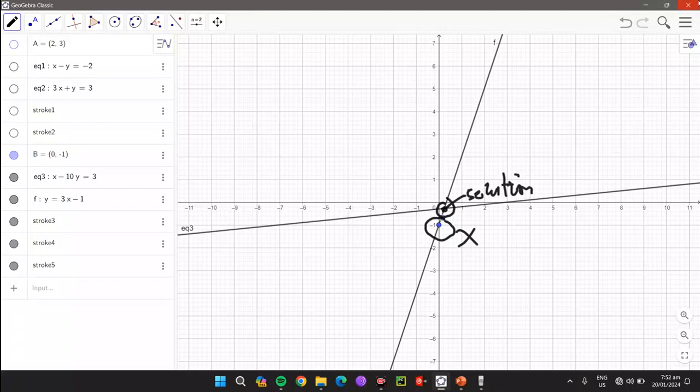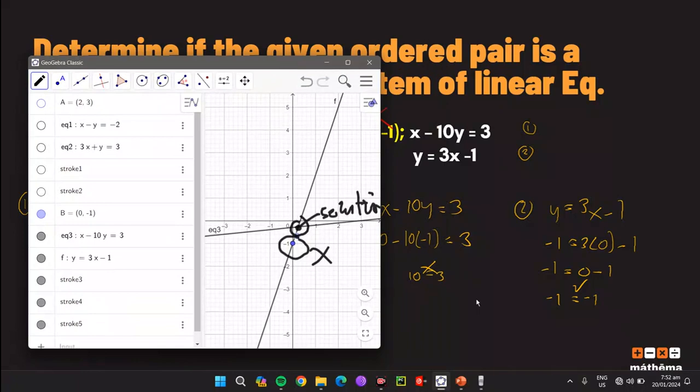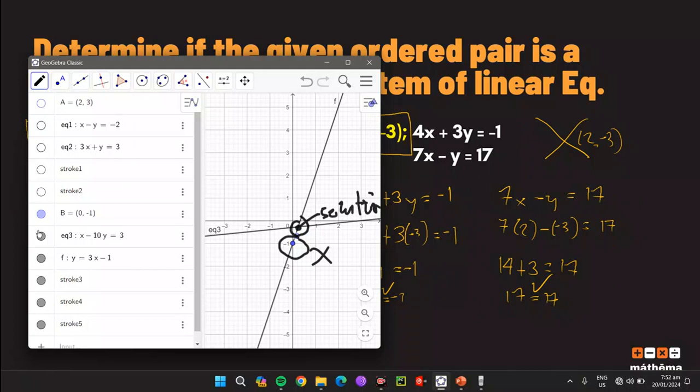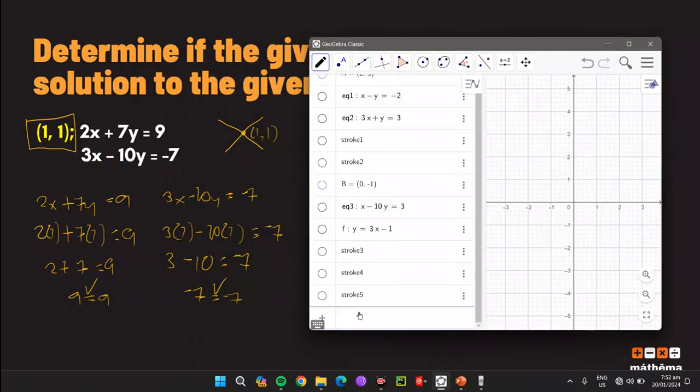All right, so I think you're seeing the pattern. Let's have this one because 1 and 1 is a solution. So let's try that. Let me just have GeoGebra again. So we will have the equation first: 2x plus 7y equals 9.